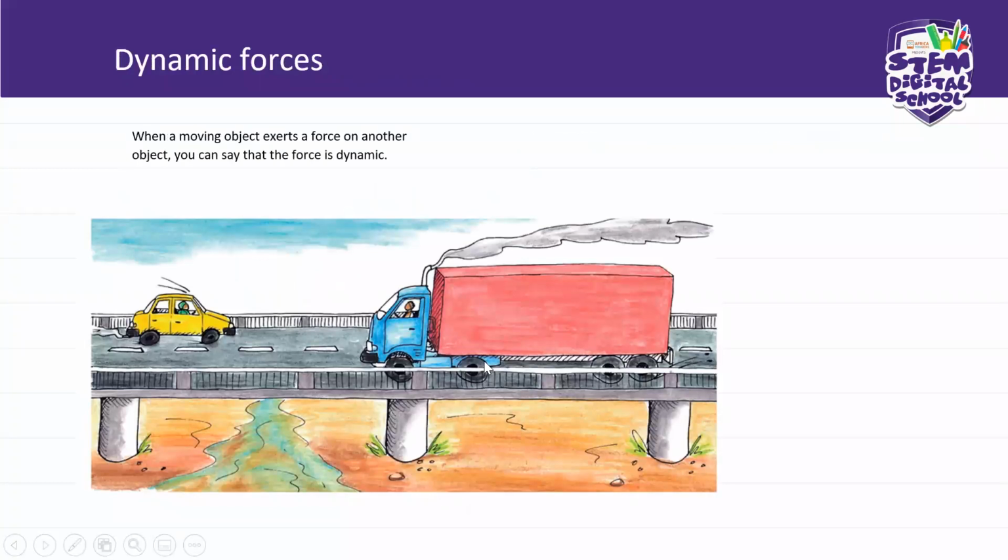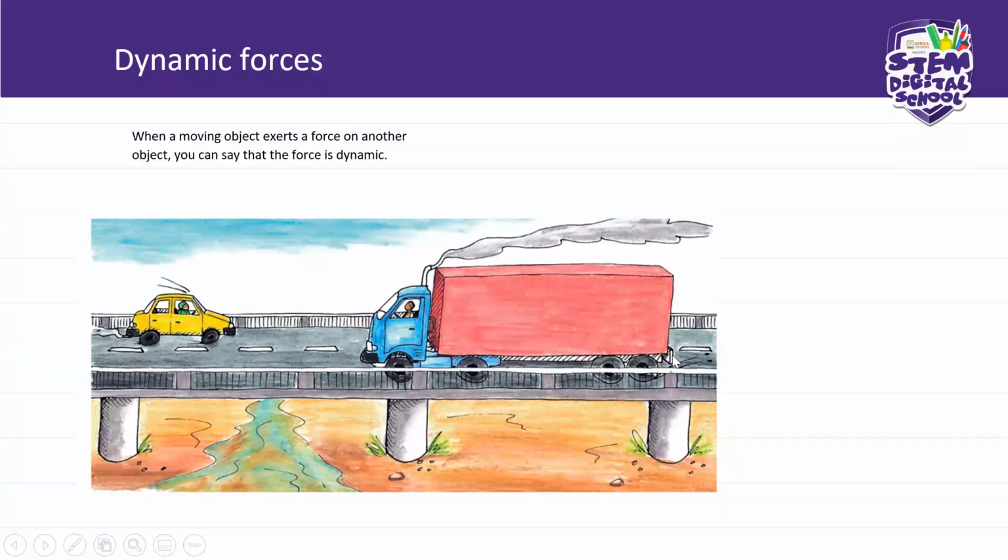Okay, let us look at dynamic forces. When a moving object exerts a force on another object, you can say that the force is dynamic. Like these vehicles, they are exerting a force on this bridge, on the beam of this bridge.